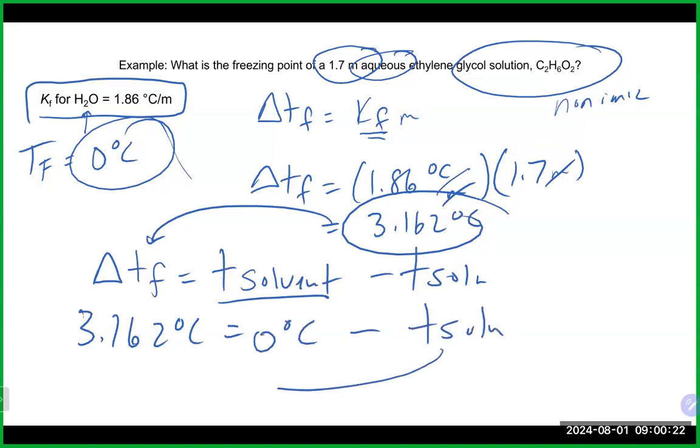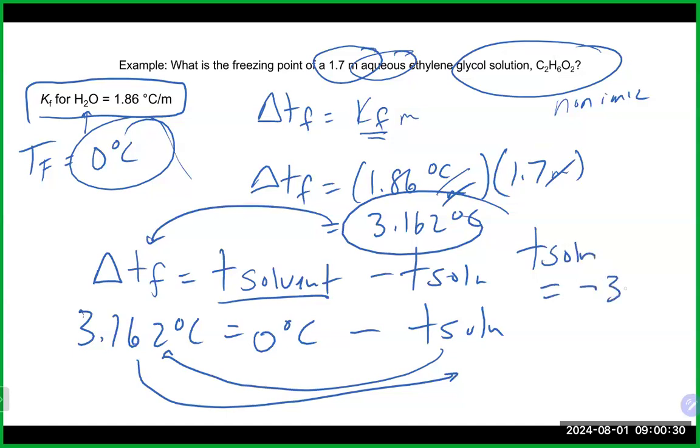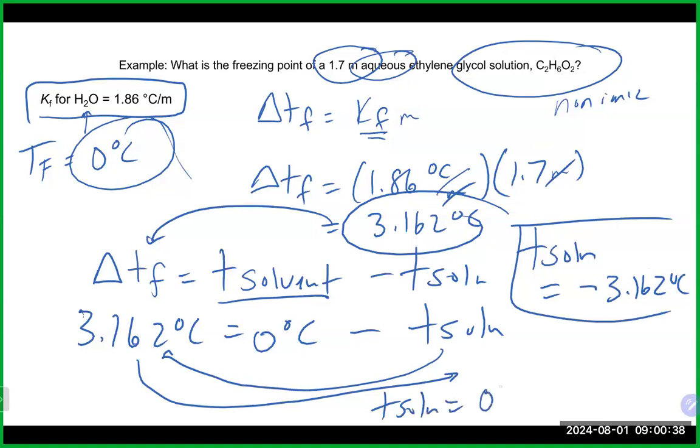We're going to subtract this to this side, subtract that back to that side, which means the temperature of our solution will actually freeze at minus 3.162 degrees Celsius. So the temperature of our solution is equal to 0 degrees minus 3.162 degrees Celsius.